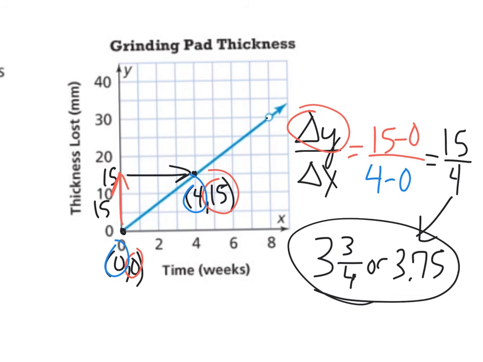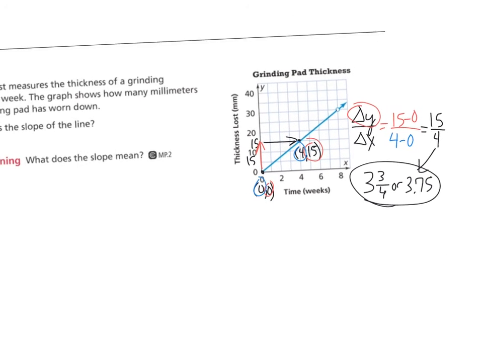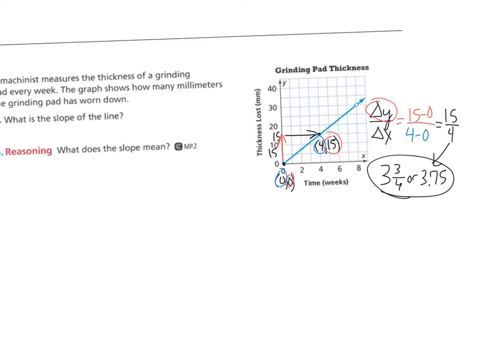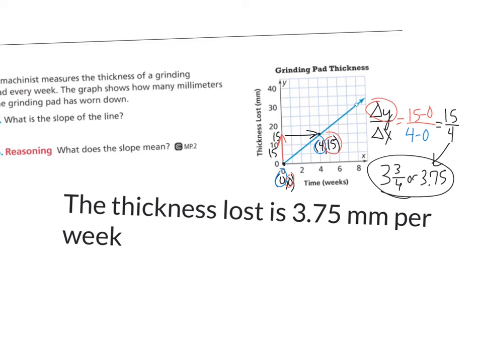And then the second part, they want us to tell what the slope means for this problem. So one way of looking at this, we could say the thickness lost is 3.75 millimeters per week. Basically, that's telling us the pad is wearing down by 3.75 millimeters every week.